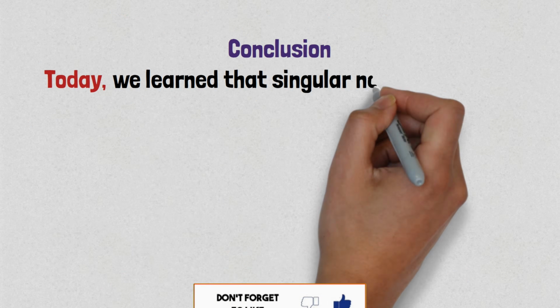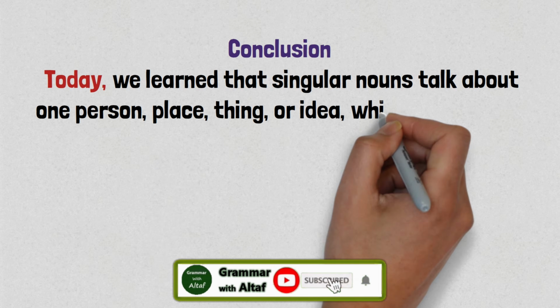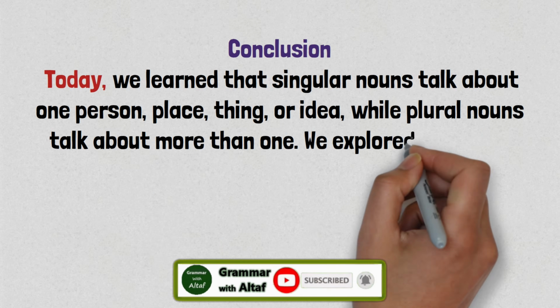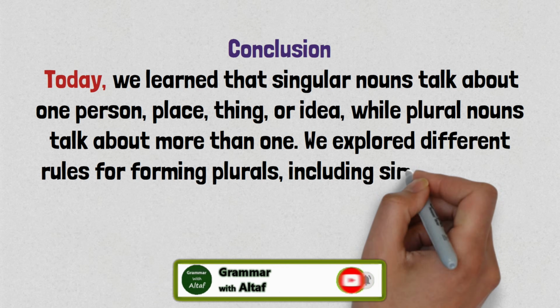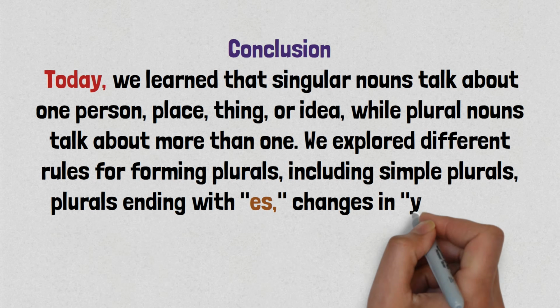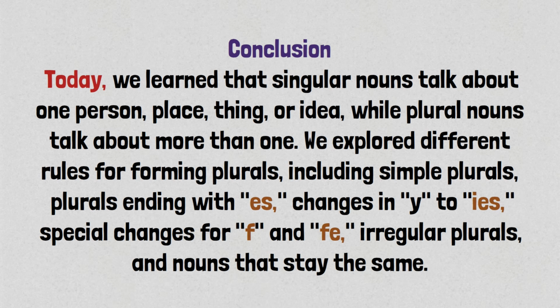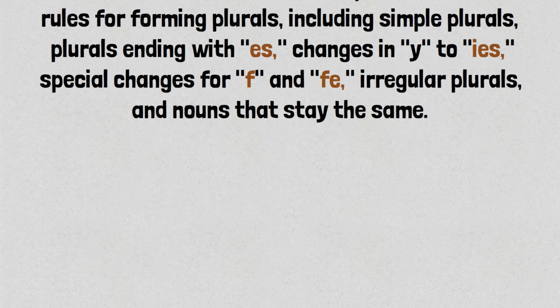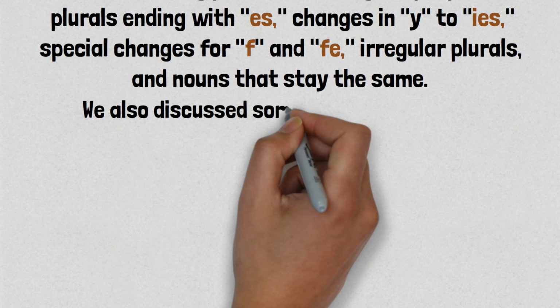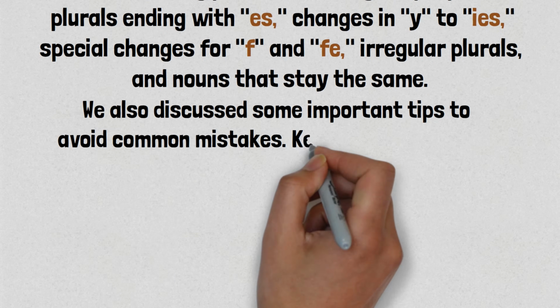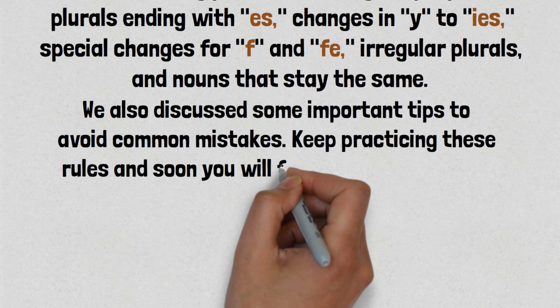Conclusion. Today we learned that singular nouns talk about one person, place, thing, or idea, while plural nouns talk about more than one. We explored different rules for forming plurals, including simple plurals, plurals ending with es, changes in y to ies, special changes for f and fe, irregular plurals, and nouns that stay the same.